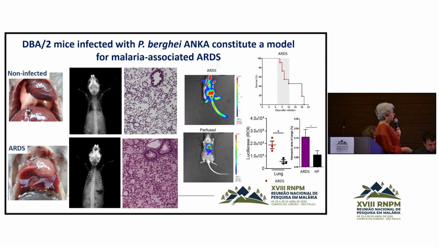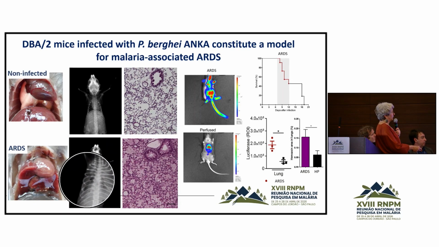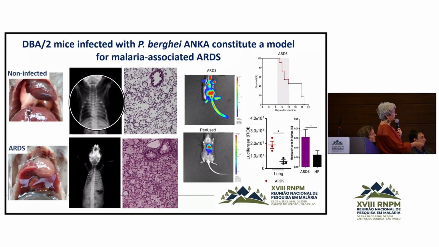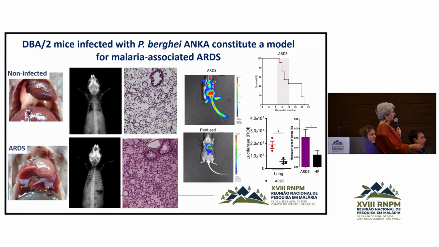Macroscopically, we have the animal presenting an increase of permeability and a red lung with a lot of congestion. And that could also be observed with this X-ray change. This is an infected animal with ARDS.